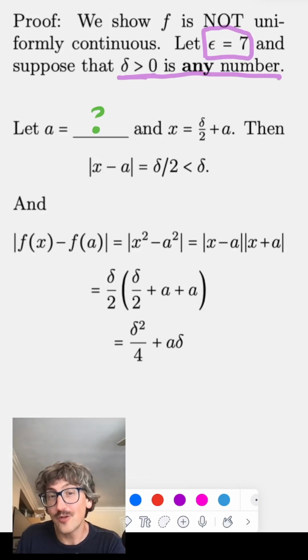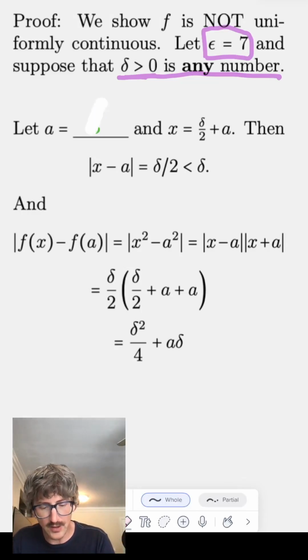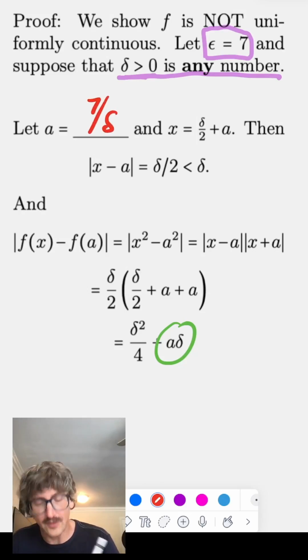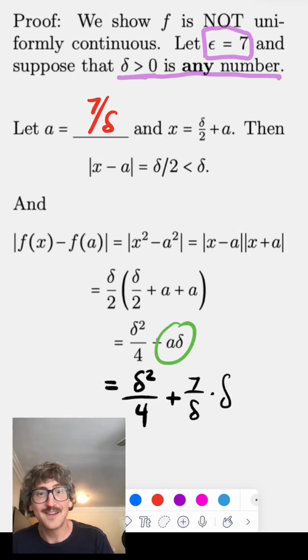And if I'm trying to show that this is bigger than, say, 7 or epsilon or whatever number I have, I think it's pretty clear how to do this. Because I get to define a however I want, and so I'm going to say a is 7 over delta. So when I do that, I calculate: this is going to be delta squared over 4 plus, well, 7 over delta times delta. And what is this? This is 7 plus delta squared over 4.